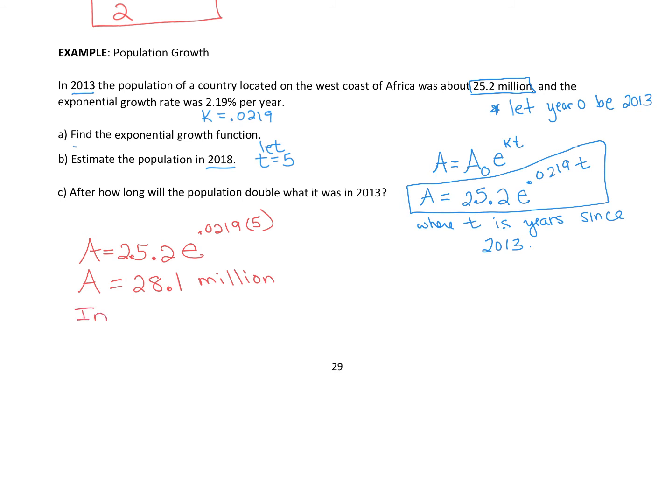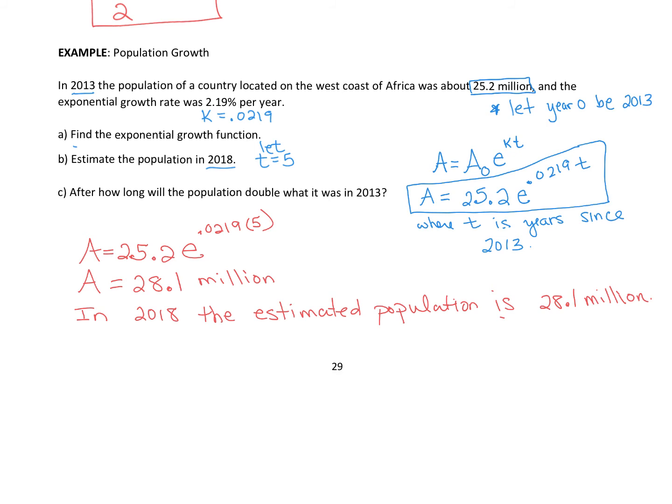So in 2018, the estimated population is 28.1 million.